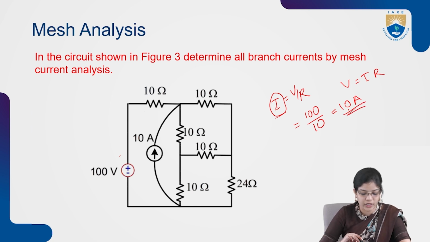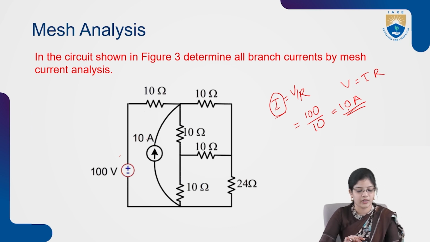So now we have to redraw this circuit. That means we have to connect one current source in parallel with the same circuit, and we should also connect this resistance in parallel with that current source.